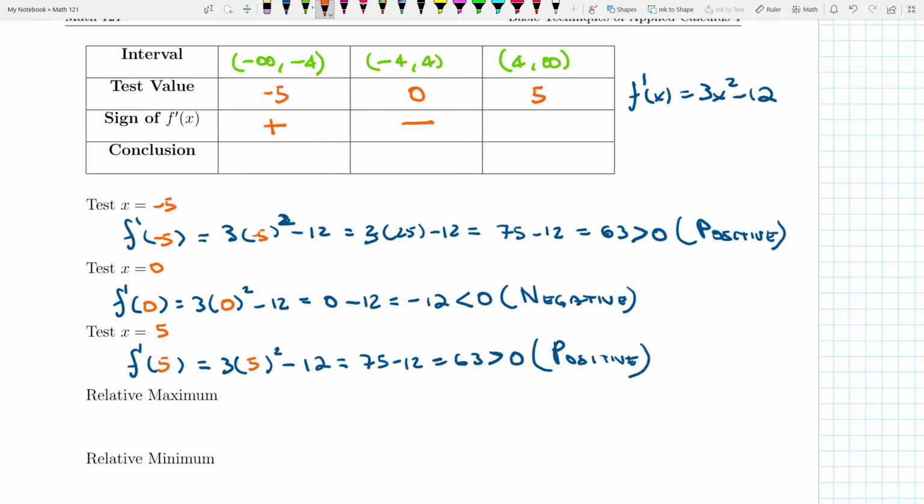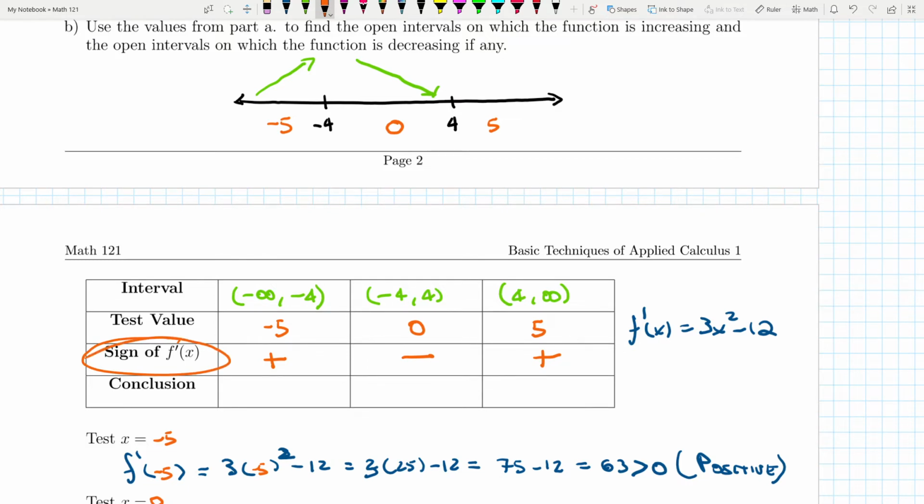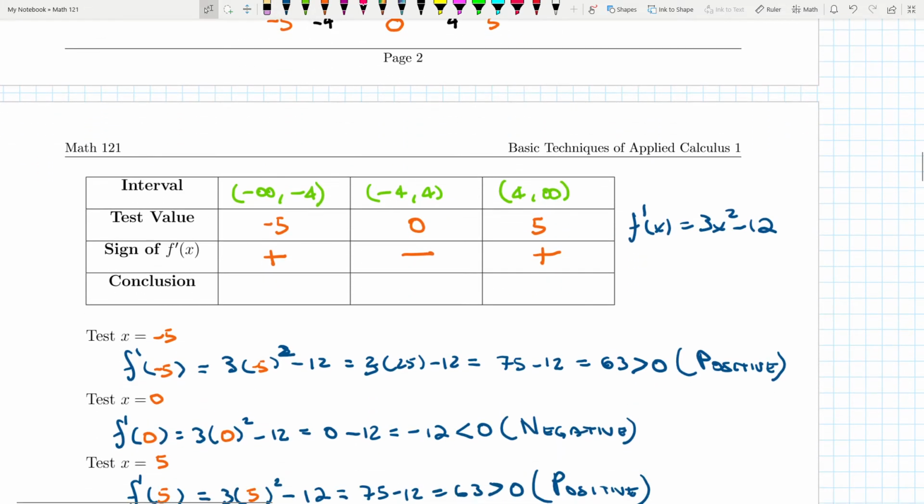Let's put that positive here. That means because the sign of the derivative is positive, the function is again increasing. So our conclusion is that the function is increasing, decreasing, and increasing again.